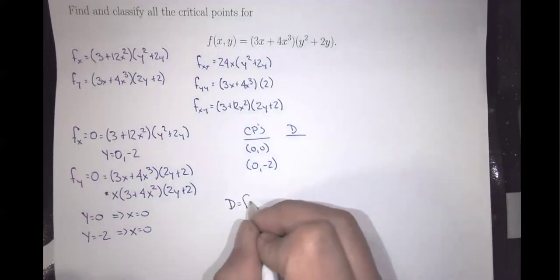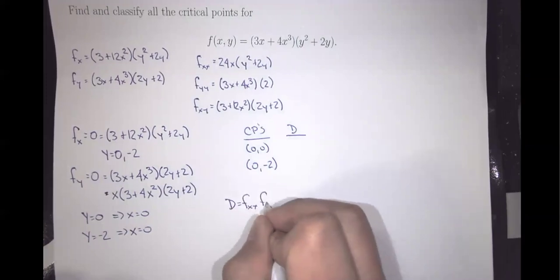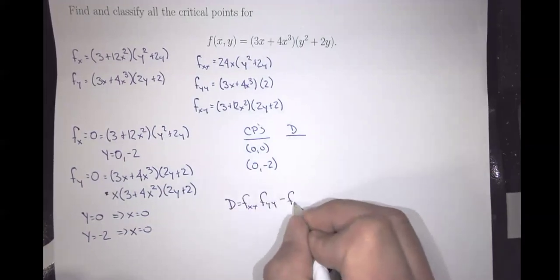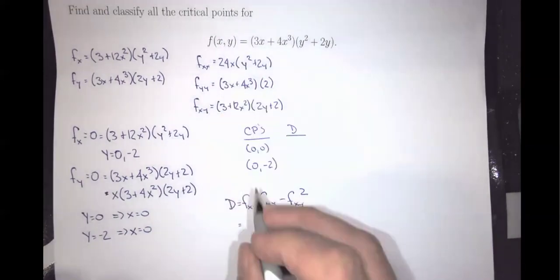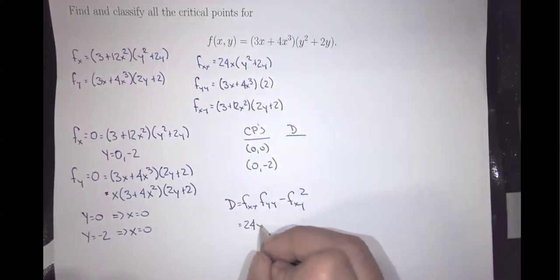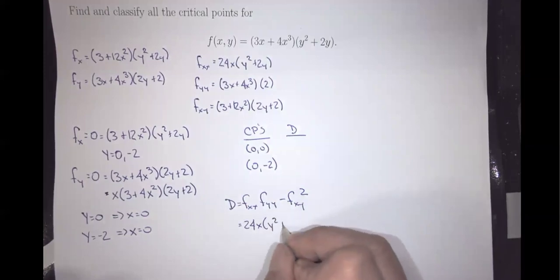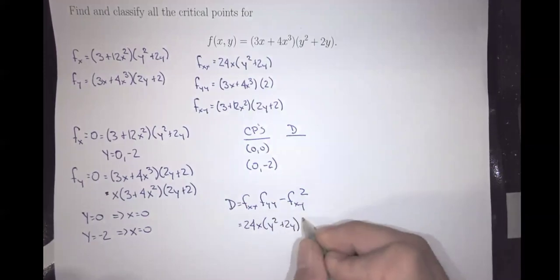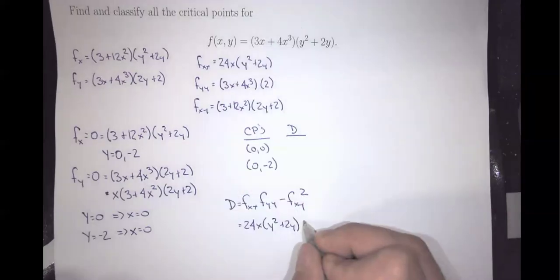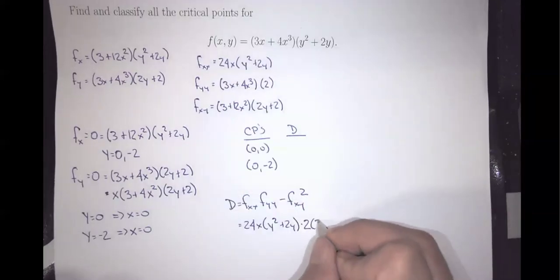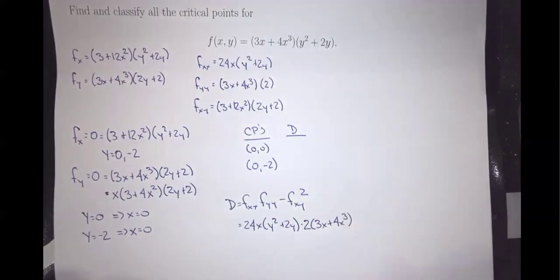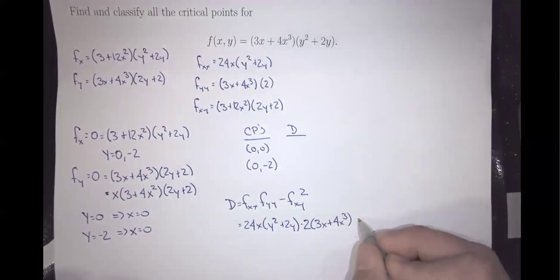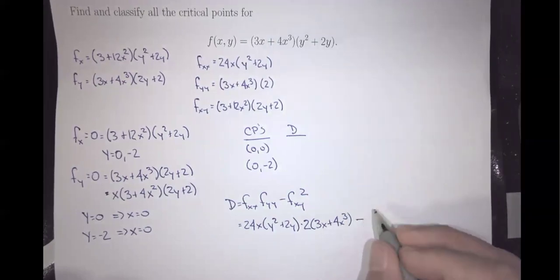D is fxx fyy minus fxy squared. So 24x times (y² + 2y) times fyy, that's 2 times (3x + 4x³), minus our cross derivative squared.